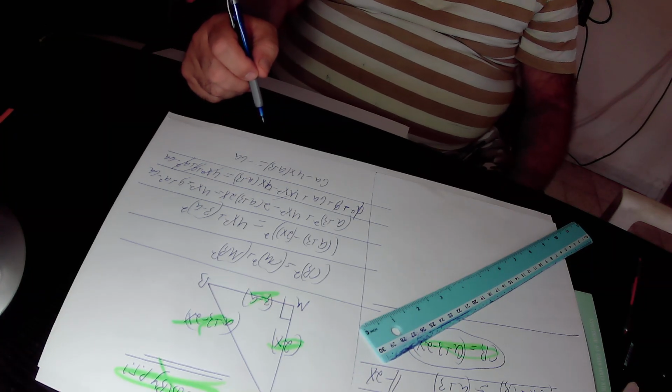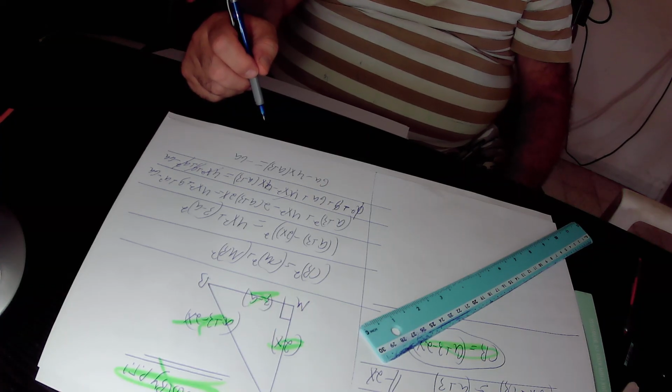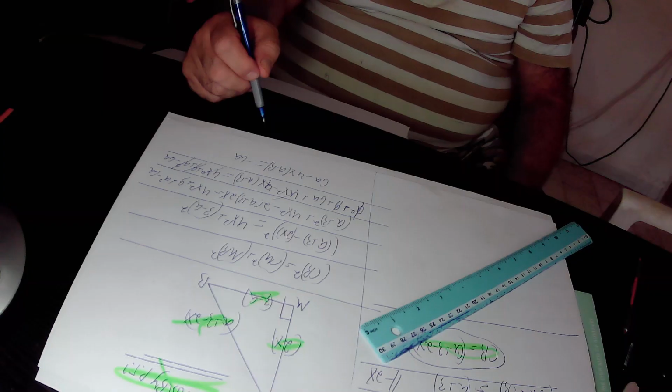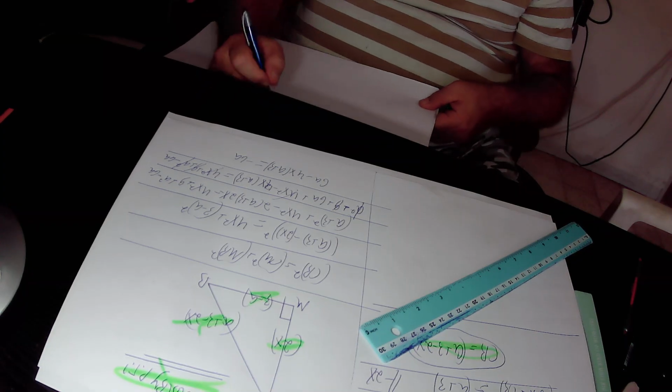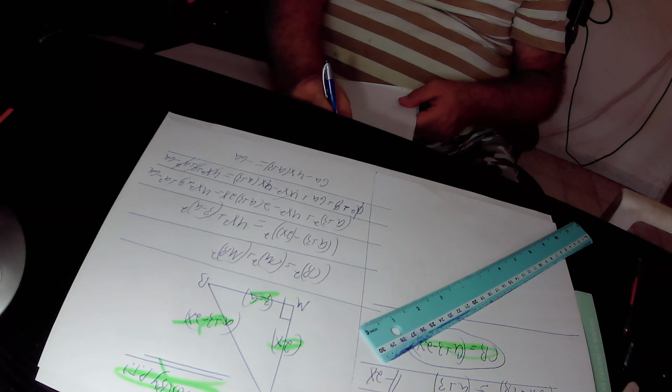Here we add 6a to this equation and also 4x times a plus 3 simultaneously, and we get that 6a plus 6a is 12a.